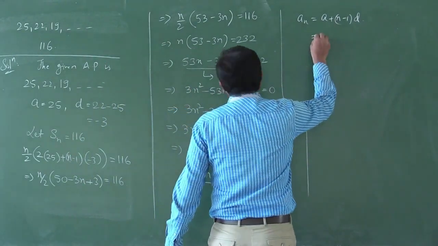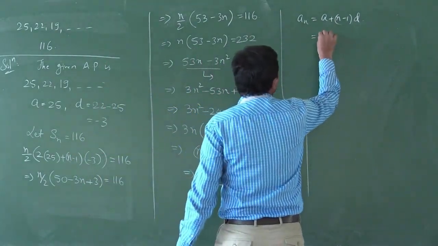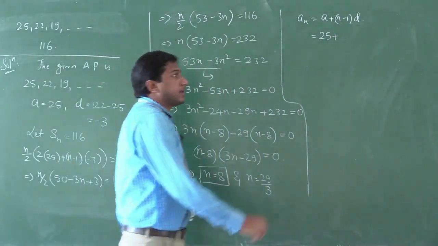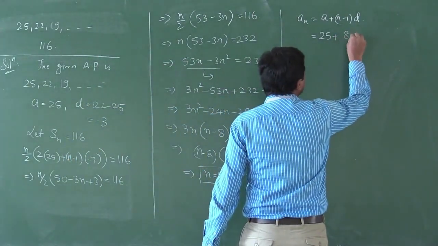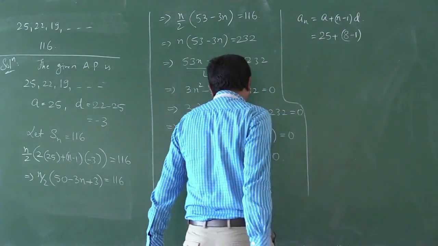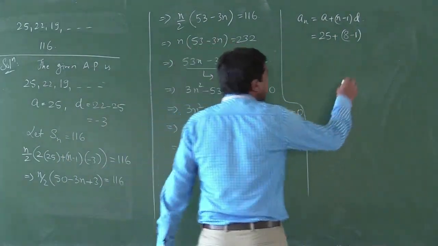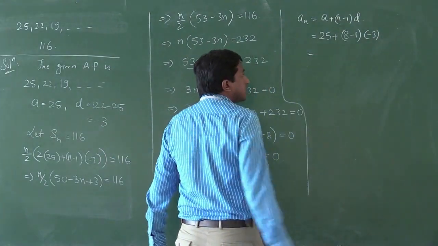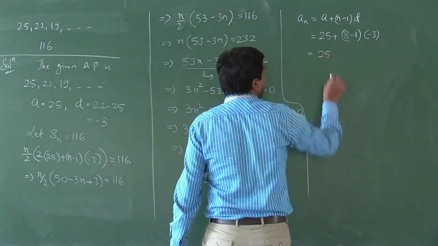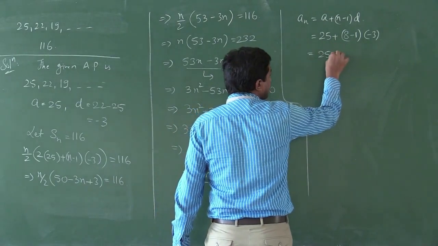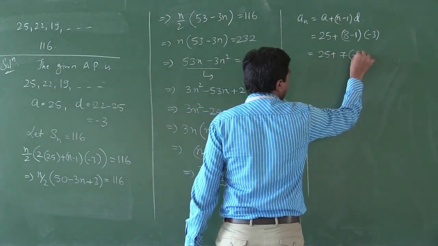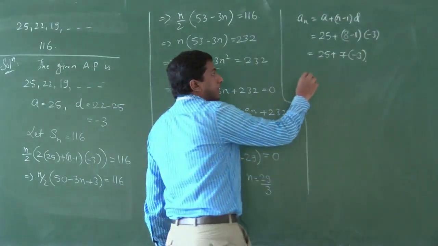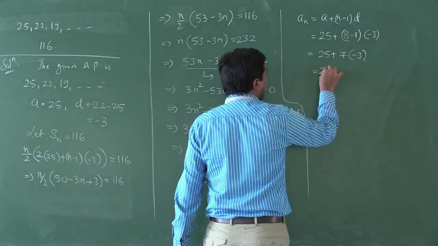So what is the value of a? The value of a is 25 plus, the value of n is 8, so 8 minus 1, into d. The value of d is minus 3. So what do we get? We get 25 plus 8 minus 1, which is 7, into minus 3. 7 into minus 3 is minus 21.